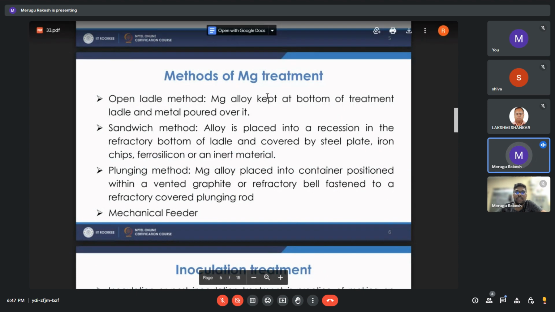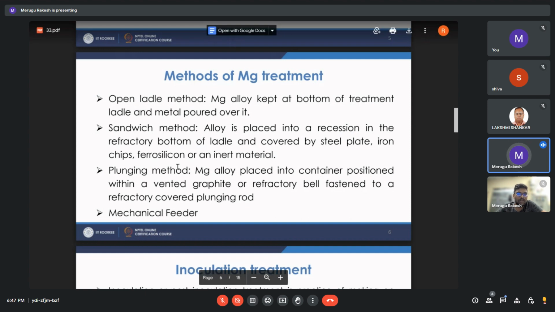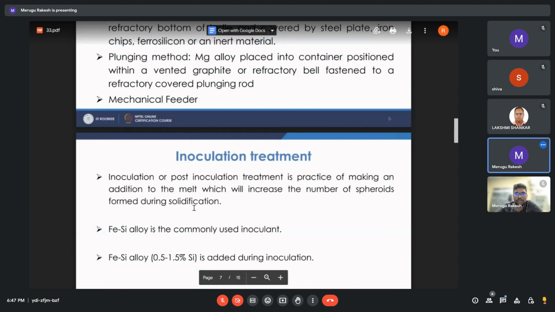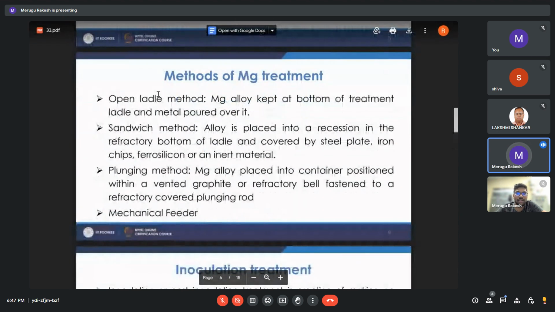Because magnesium is very volatile in nature. Once it gets in contact with air, it burns violently. So that is the reason we follow some methods. Here they have provided methods: the open ladle method, sandwich method, plunging method, and mechanical feeder. So initially, first the open ladle method.